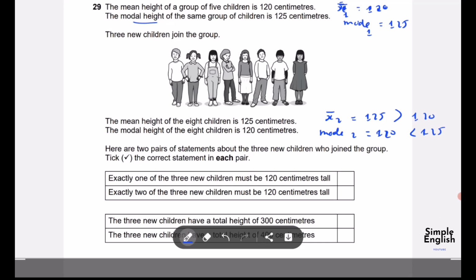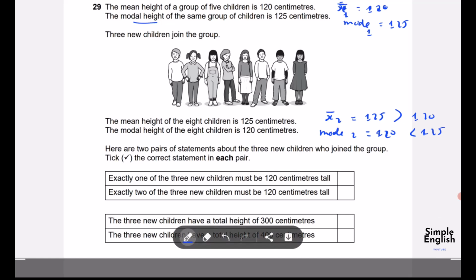Now look at the first pair. Exactly one of the 3 new children must be 120 centimeters tall, or exactly 2 of the 3 children must be 120 centimeters tall.